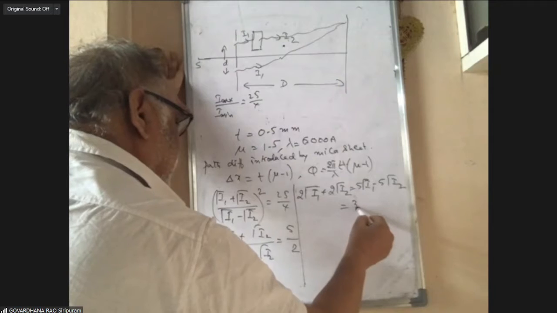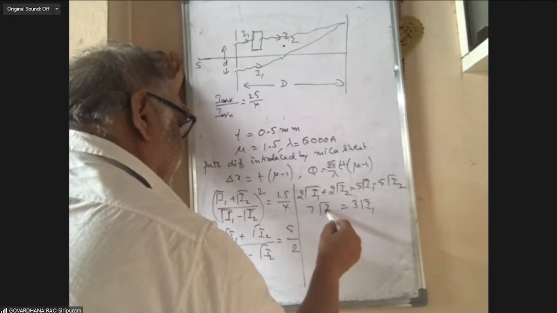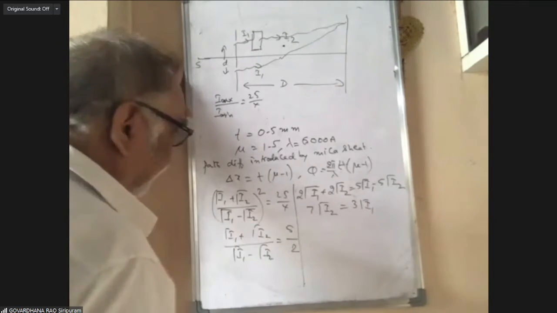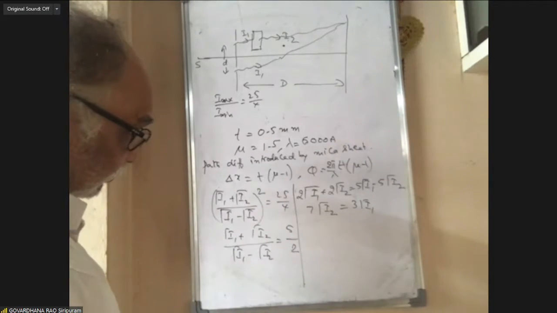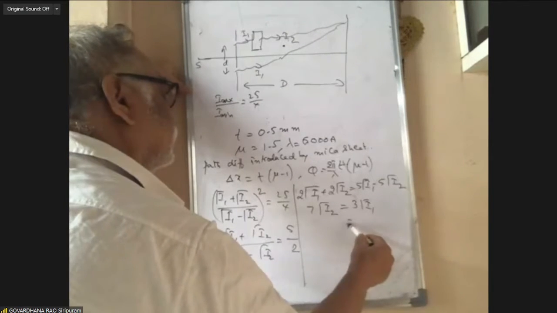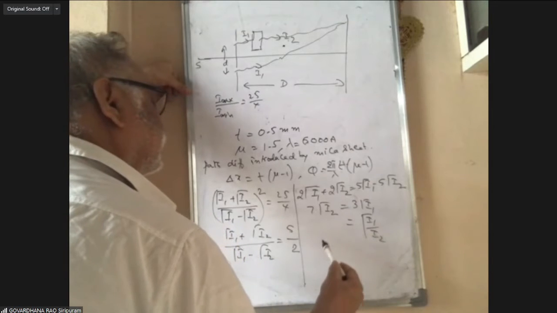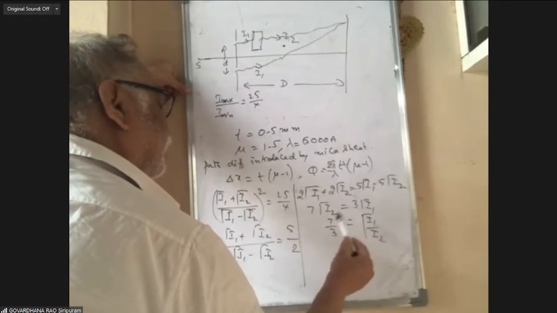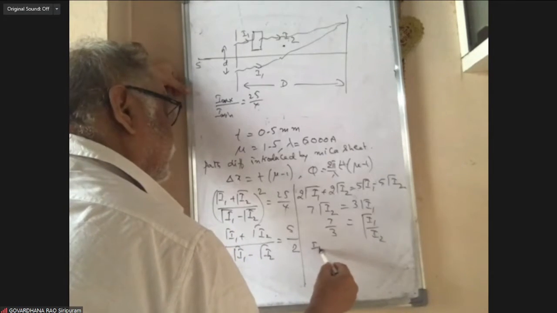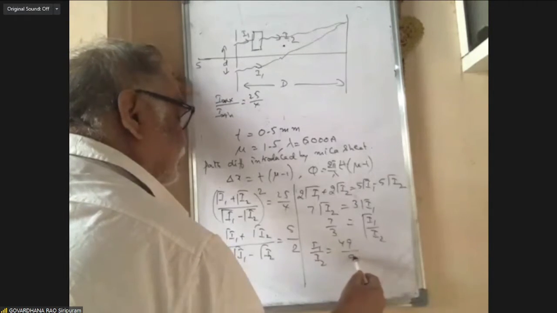So 3 root I1 equals 7 root I2. So root I1 by root I2 is 7 by 3, and I1 by I2 is 49 by 9.